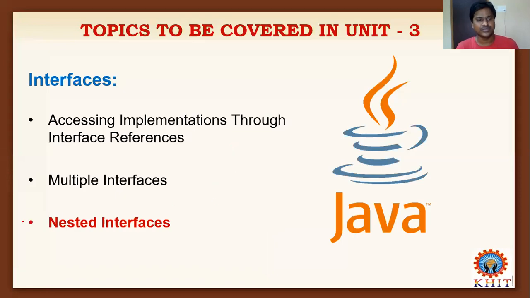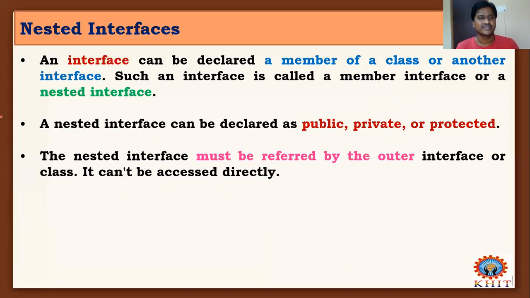Coming to the next topic: nested interfaces. Nested means defining one interface inside another interface. That we call a nested interface. An interface can be declared as a member of a class or another interface.